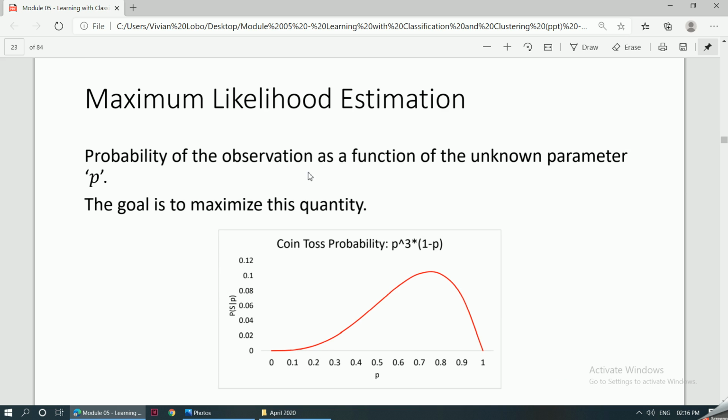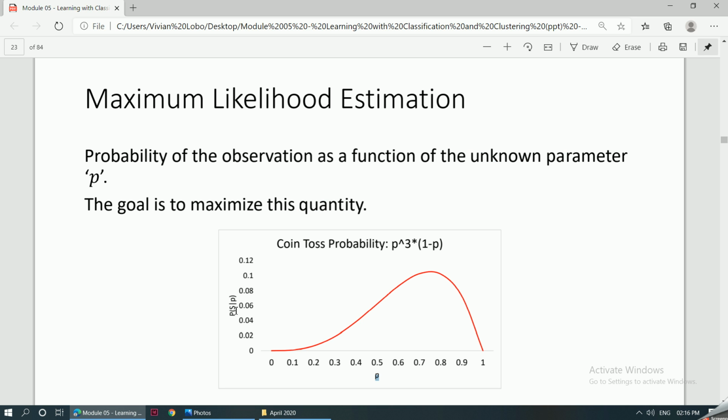Probability of the observation as a function of the unknown parameter. The goal is to maximize this quantity. So we have got P, and we can have different values of P, and what is the observation?